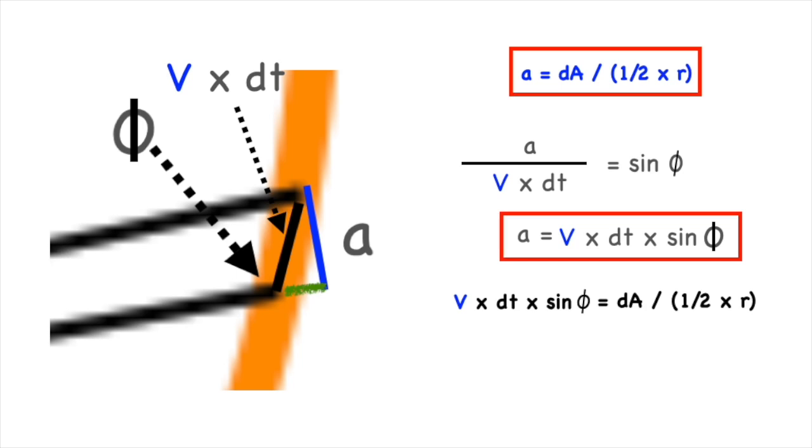Solving for dA, we get dA equals 1/2 times r times v times dt times sine phi. Now we simply divide both sides by dt. And so with this equation, we have found a new way of expressing a value for our constant k.